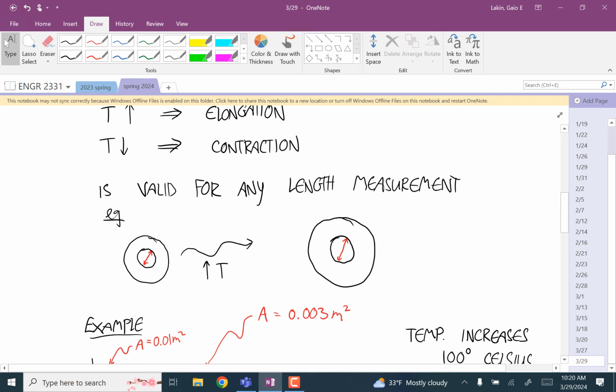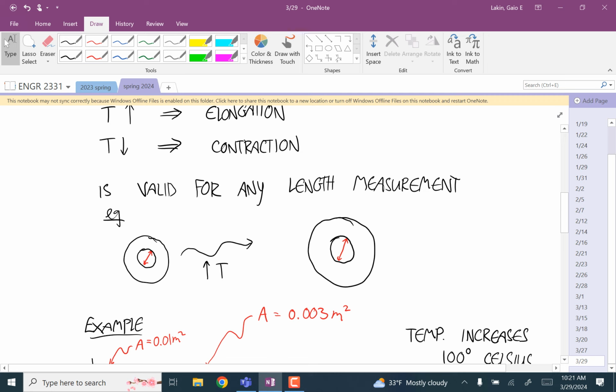So technically speaking, you have to add the length from the tension to the thermal expansion, because it got a little bit longer and then you thermally expanded it. Well, that's where superposition comes in. That's a good question. And really that question comes up in everything we do in this class.